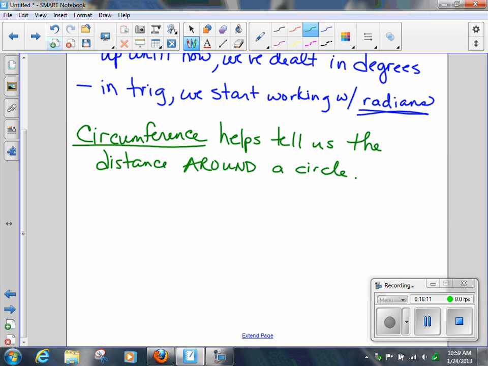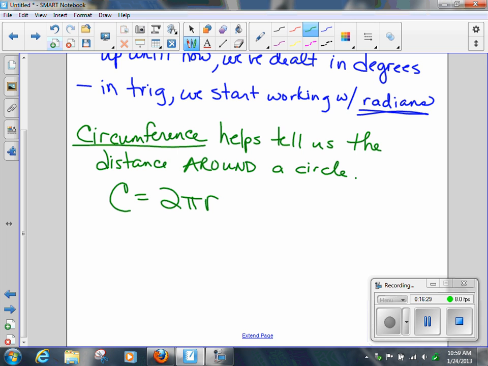Y'all remember the formula for circumference? 2 pi r. Very good. 2 pi r. And we're not talking about just any circle.